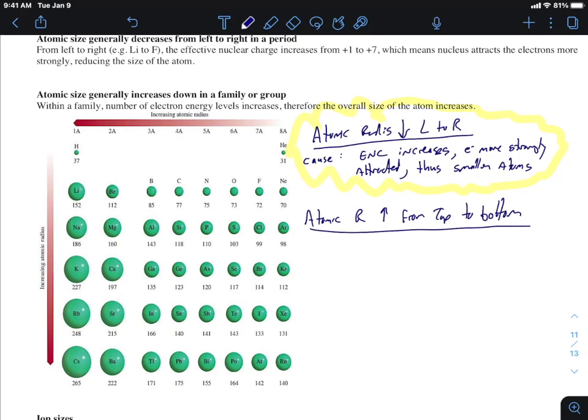Okay, so let's think about what the cause of that would be. What did we say about effective nuclear charge in a family? Did the effective nuclear charge change from lithium to sodium to potassium? No, it didn't. So if that was constant, then that can't be the reason why the sizes are getting bigger as we go down. Nate? The mass.